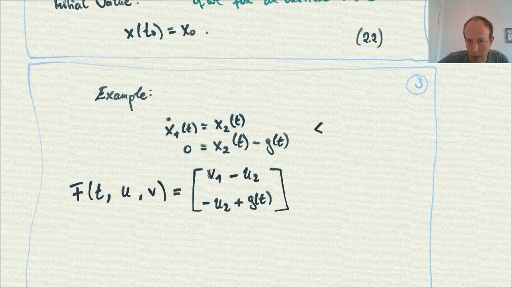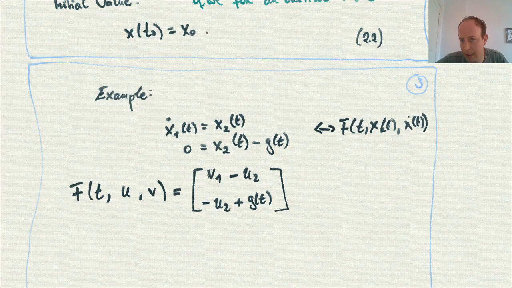With this way we can write this as f of t, x of t, x dot of t is equal to 0 if we take the f in this form.